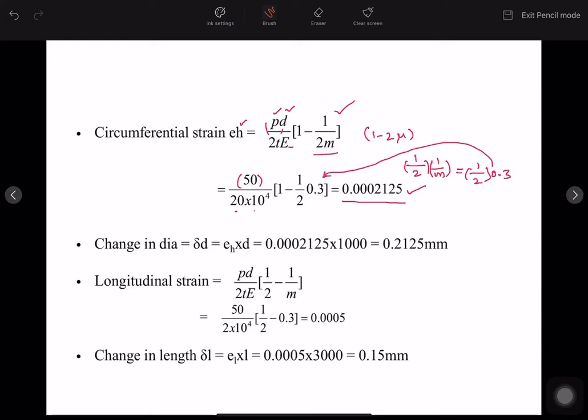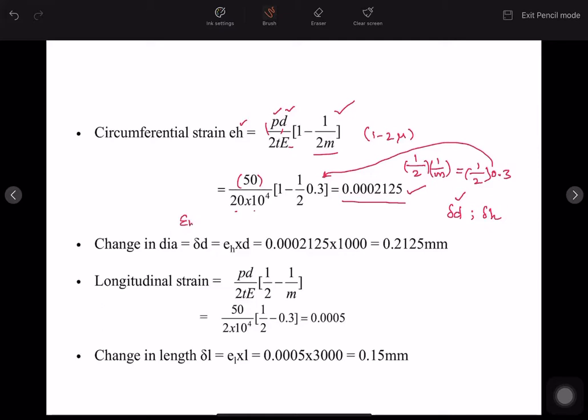But he has asked for a different value. What is that? Change in dimension. So it should be delta D or delta H, not the strain values. Circumferential strain involves change in diameter, as we already saw in the previous lectures.